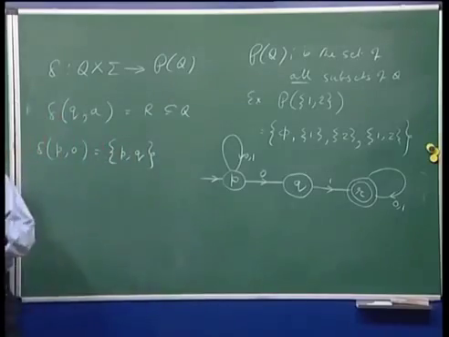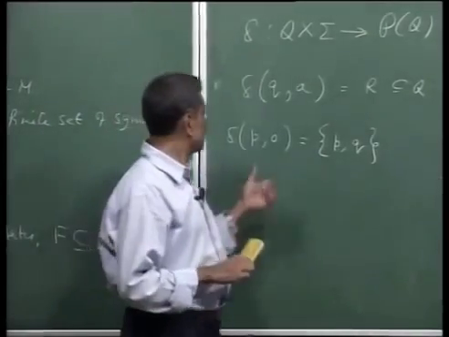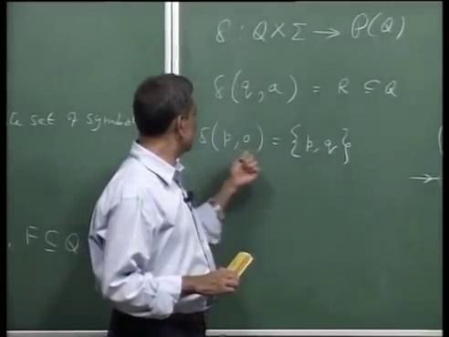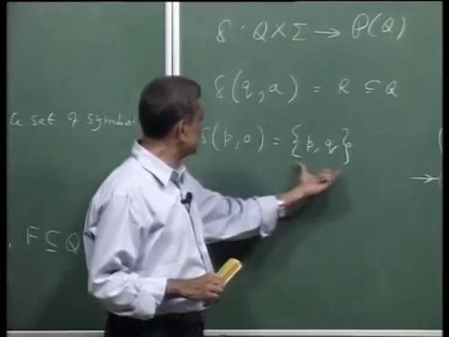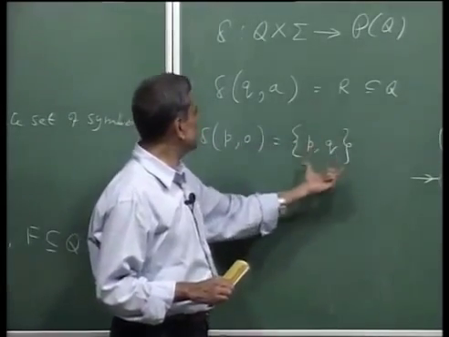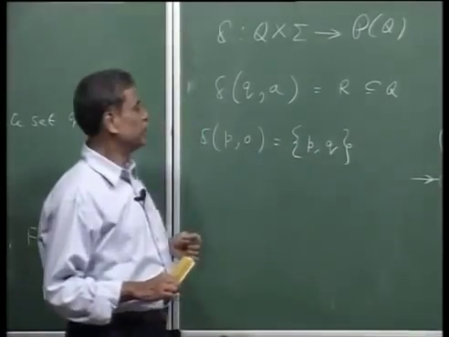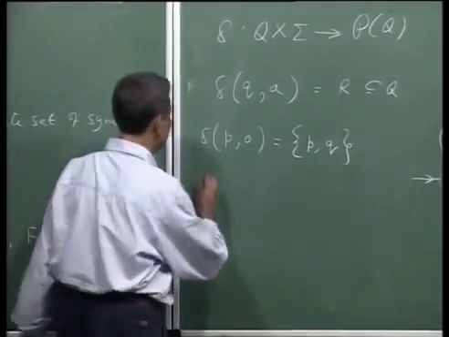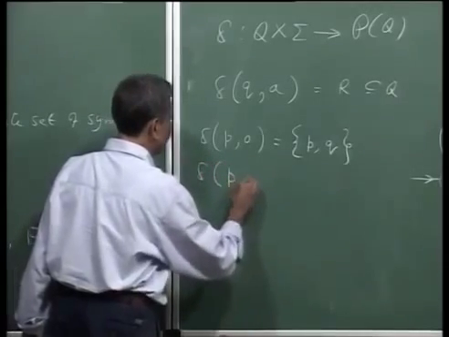So, the set of all states to which the machine can go is the value for this case. Similarly, what is delta of P, 1?